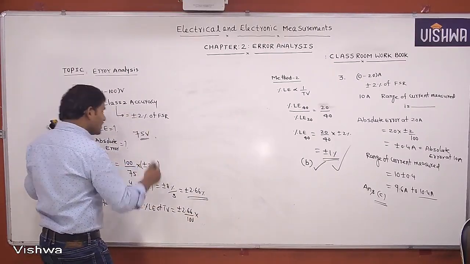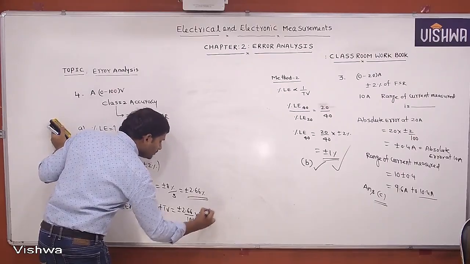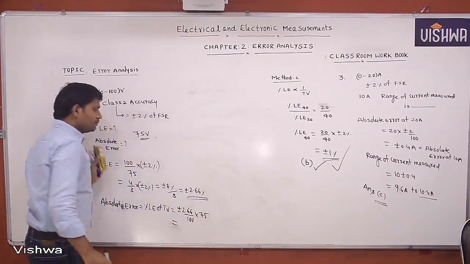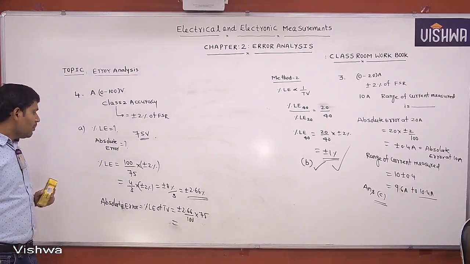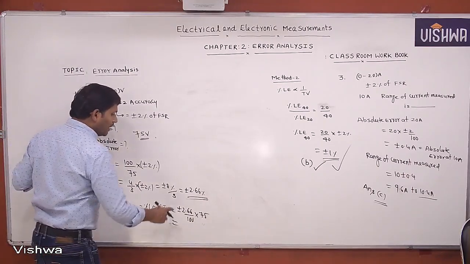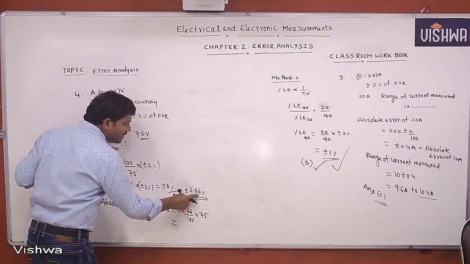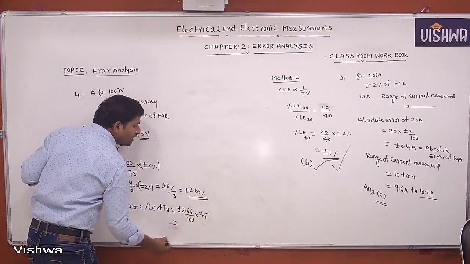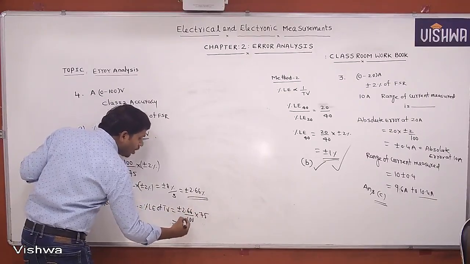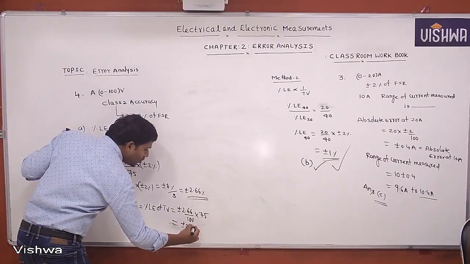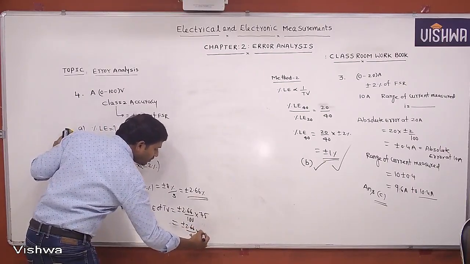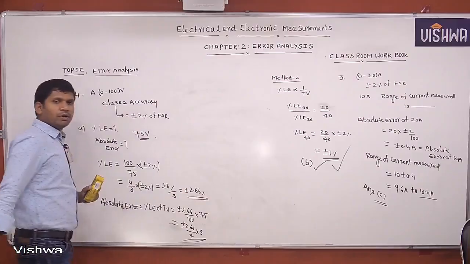How much are we measuring? 75 volts. Simplify this: plus or minus 2.66 by 4 into 3. This is the absolute error.